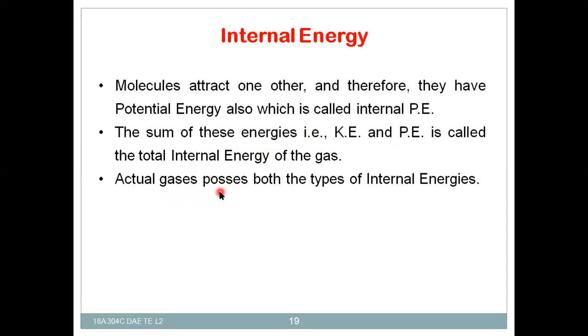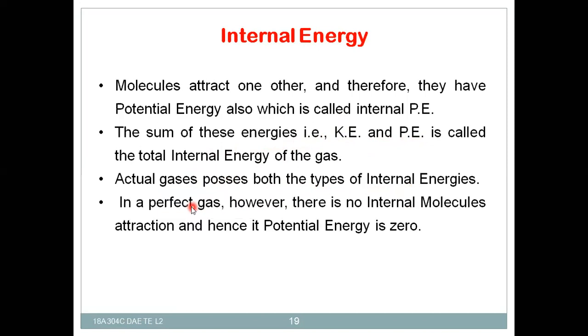Actual gas possesses both types of internal energies, that means kinetic energy as well as potential energy. In a perfect gas, however, there is no intermolecular attraction, hence its potential energy is zero.